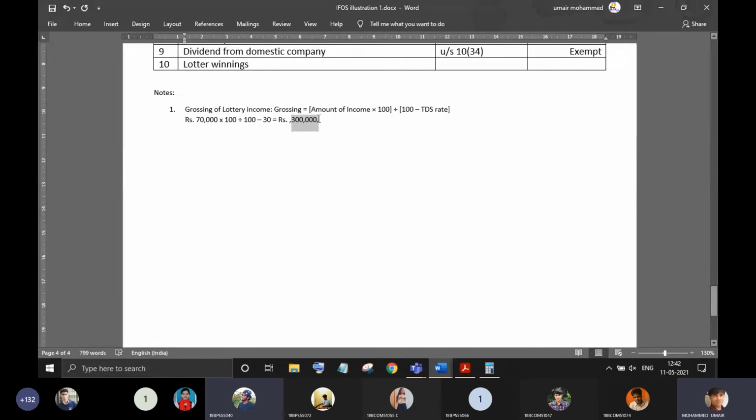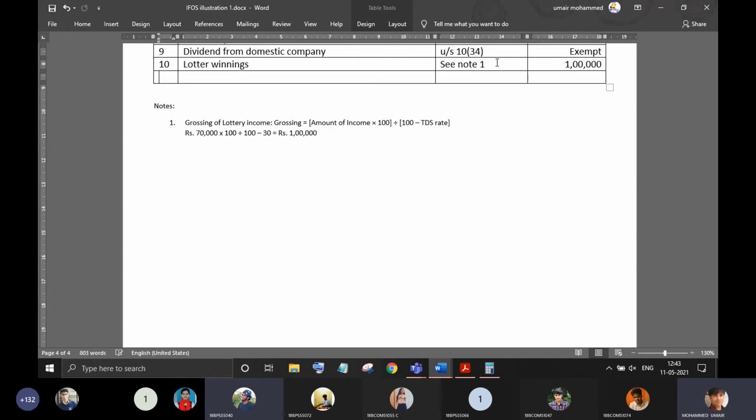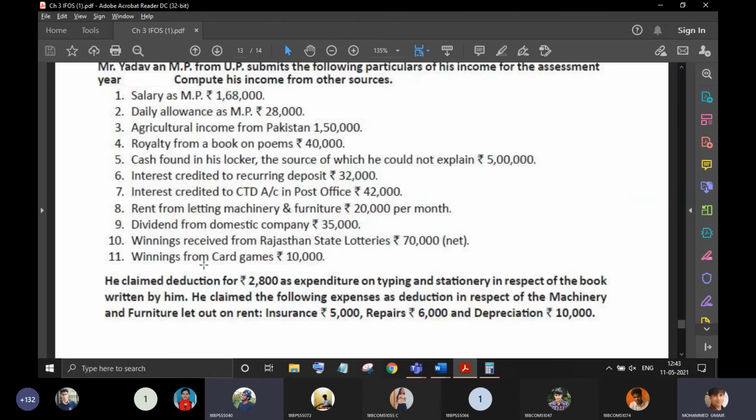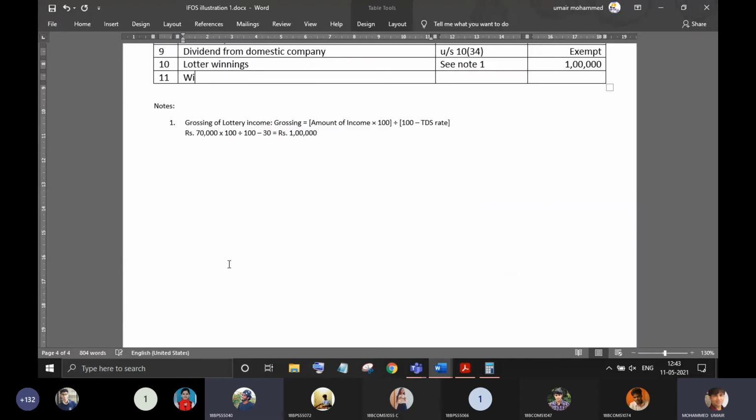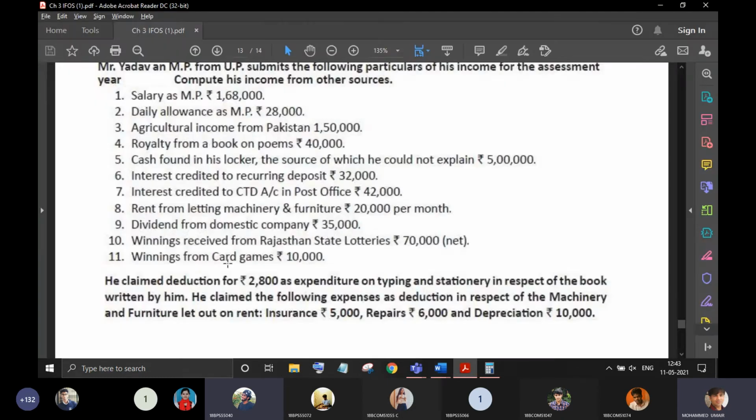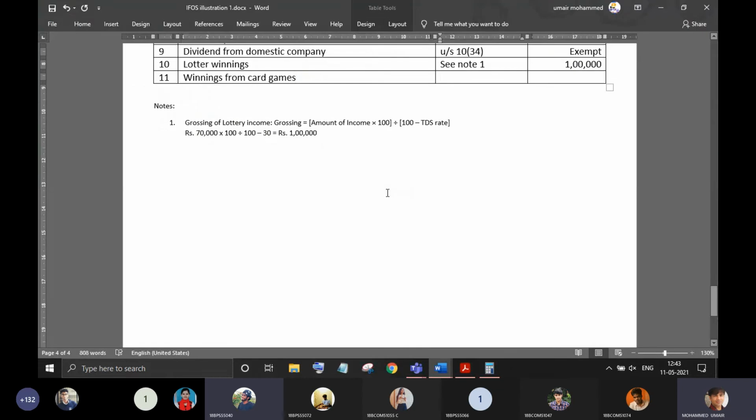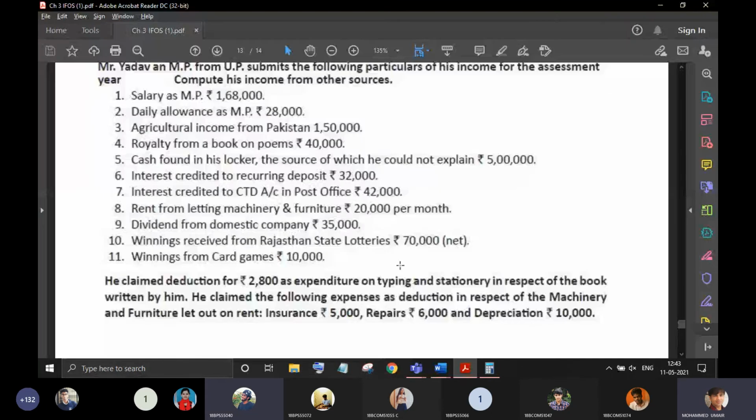Multiply TDS and gross it, you get 1 lakh. So TDS is applicable for up to rupees 10,000.